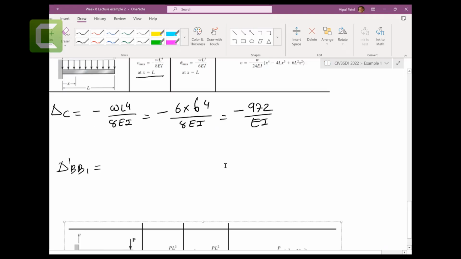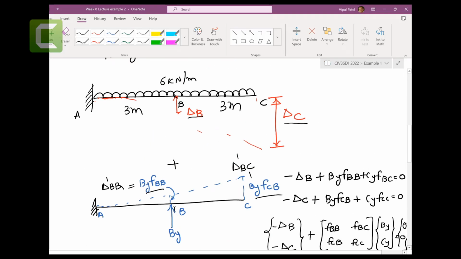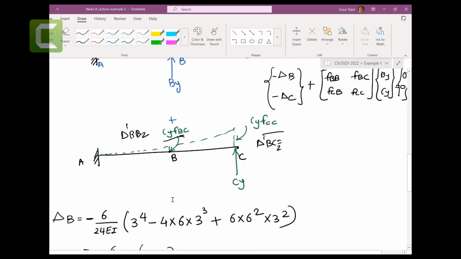All right, now the first one that we're going to use is by, at the 3 meter distance.